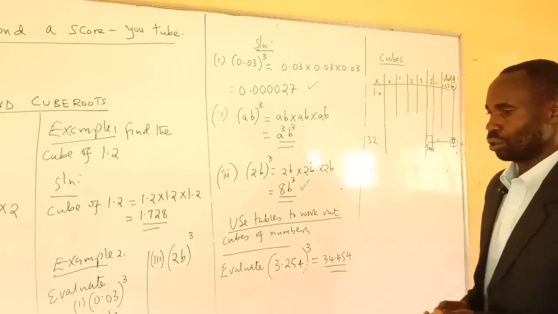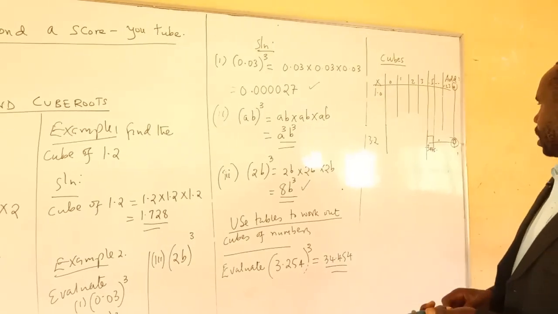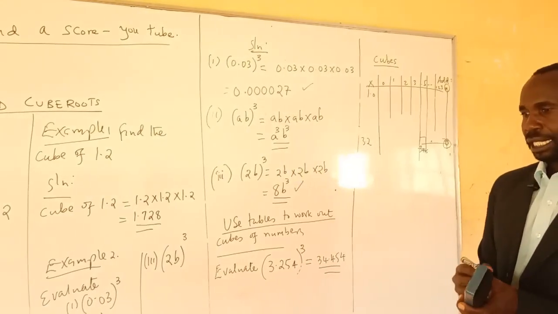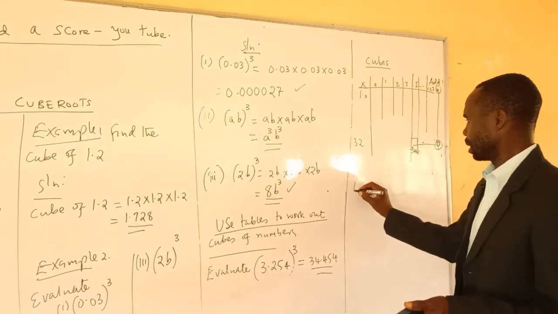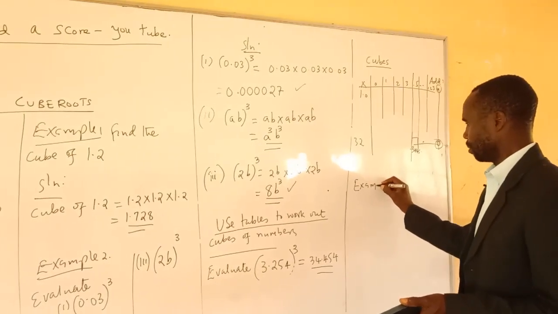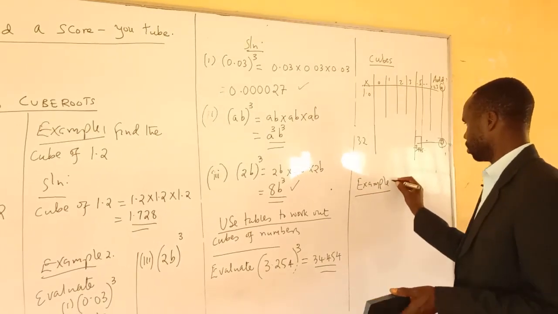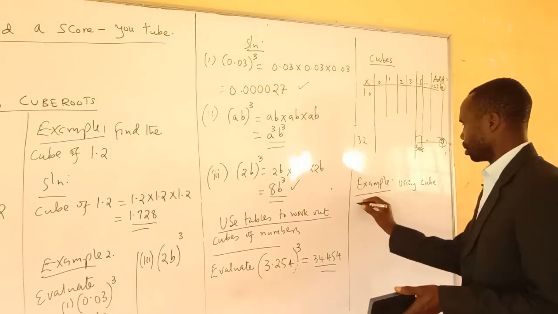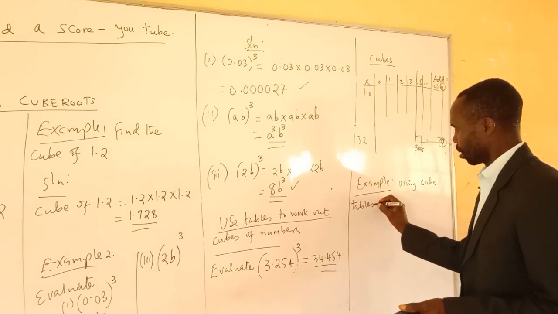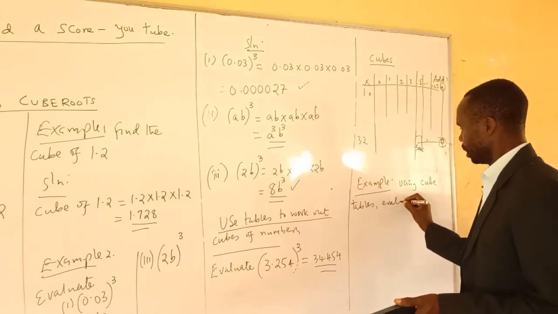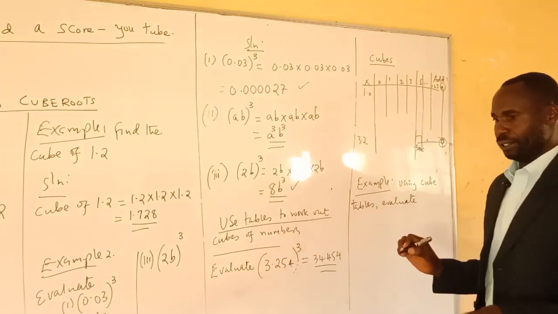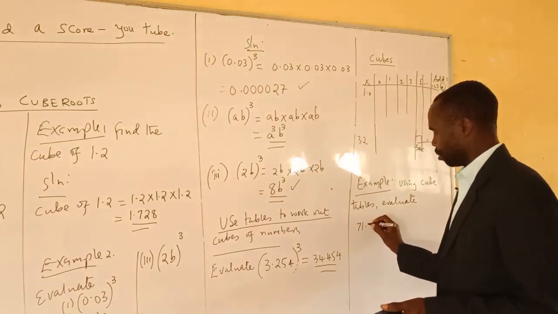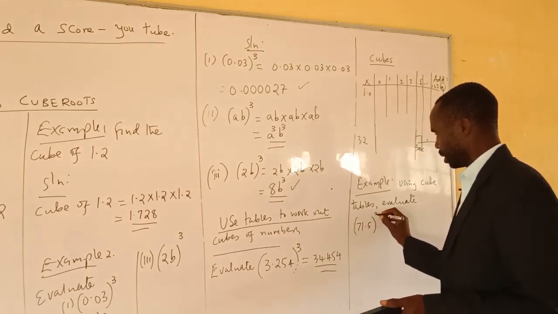Now, I want us to do a problem that will appear in your card. In your card is: evaluate, example here, using cube tables, 71.5 to the power 3.